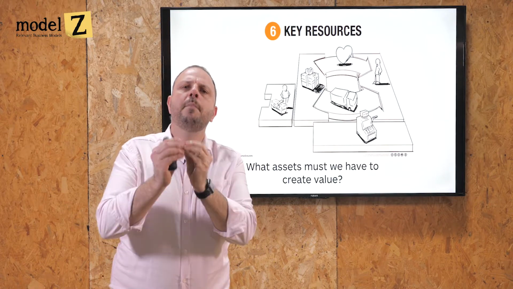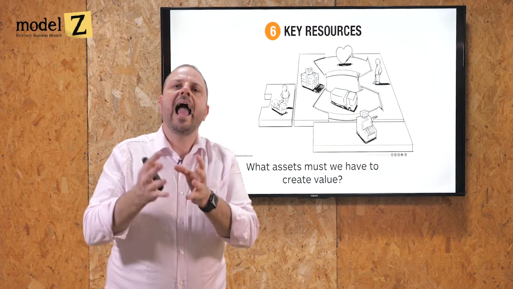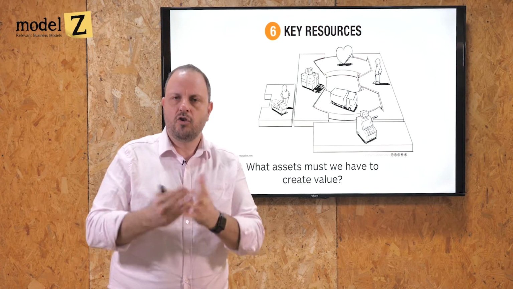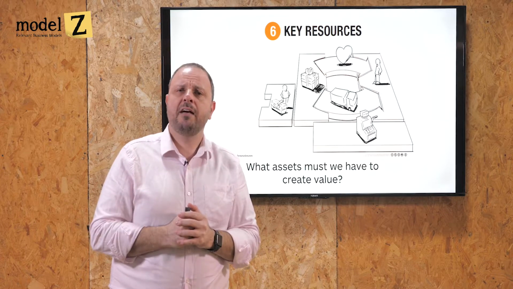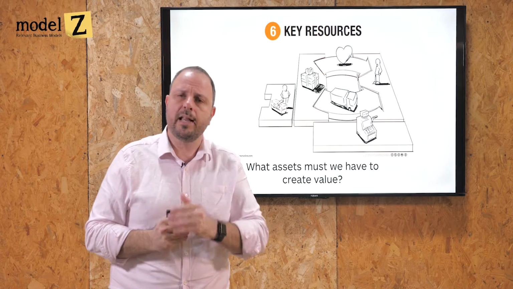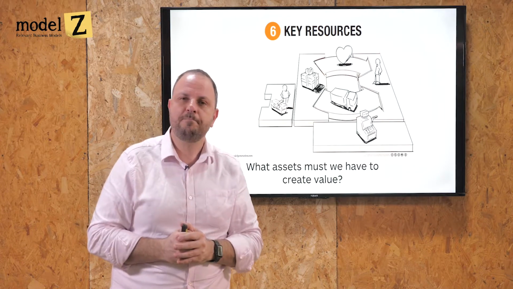It's the fundamental resources, whether they're human, intellectual, physical, or financial, with which we have to create value. So if you're an espresso business, what would you have to have as a resource? If you said the machines, you're right. If you said coffee, you're right, and so forth.